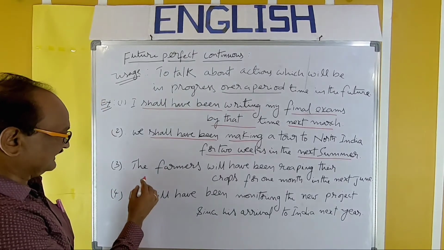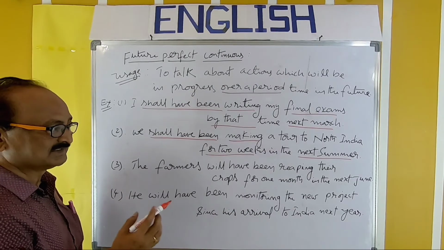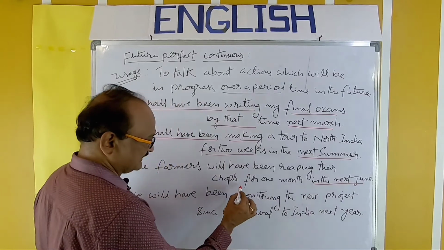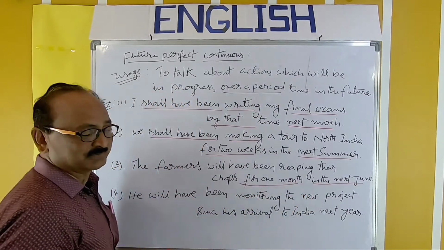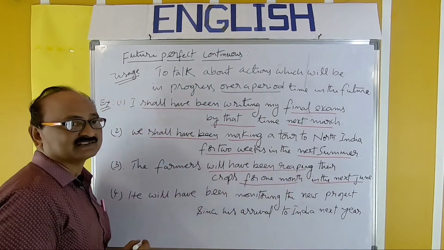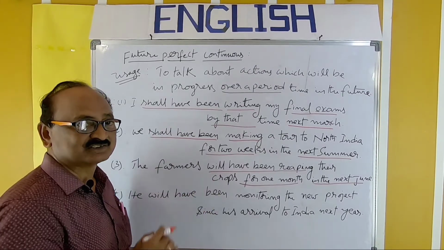Next example. The farmers will have been reaping their crops for 1 month in the next June. So in the next June, future time, for 1 month, period of time, and will have been reaping. That is the pattern of future perfect continuous.